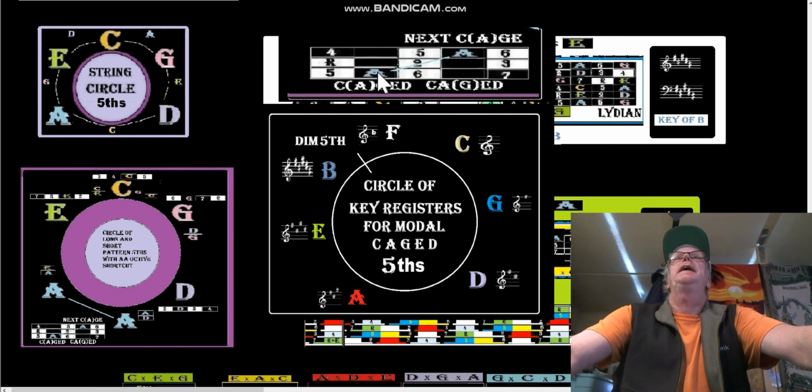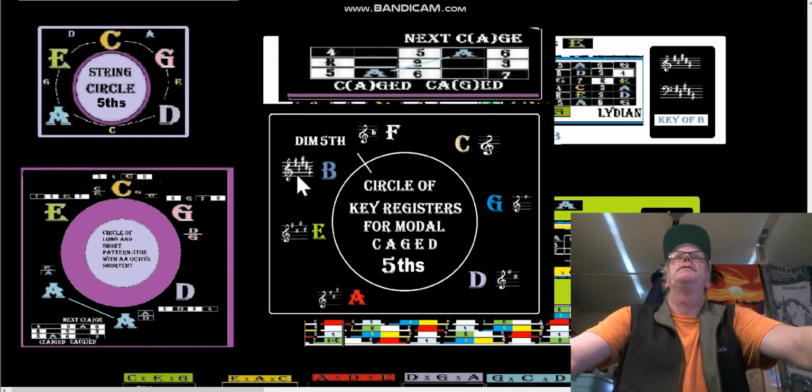So we've got the A, and then we've got the E string shape. Okay, then we have 4, 5, 6, which is actually the Lydian. So here's that F right here.